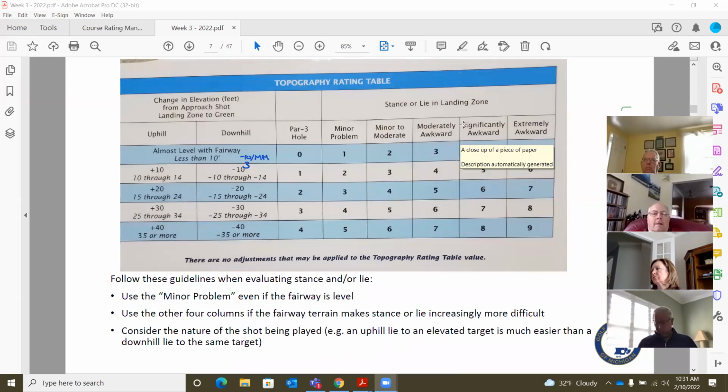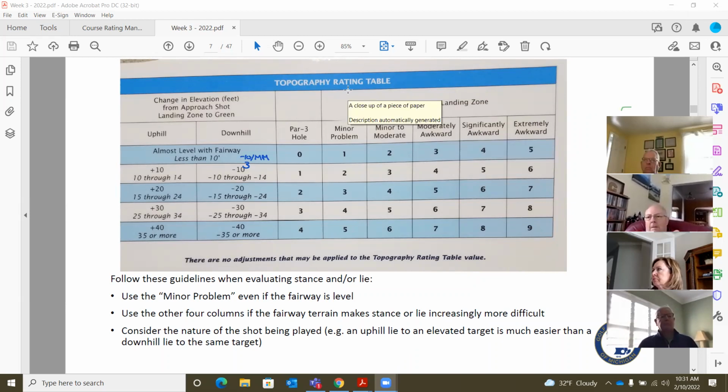So based on my experience, the more courses you do, the more courses you see, the more areas that you rate in, the better off you'll be able to understand topography, because you'll have other examples to think about. Well, in relation to this course, is it not that challenging, or is it challenging? So I think it's something that you get better with over time as you do more of them.